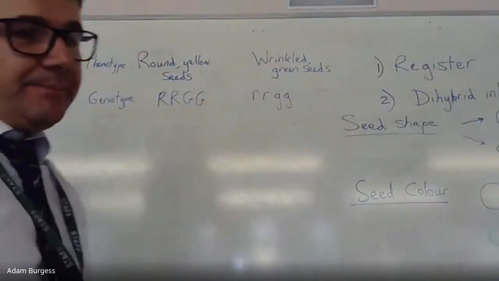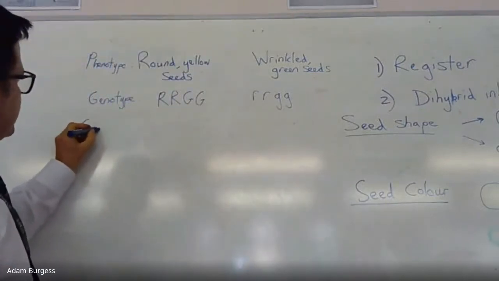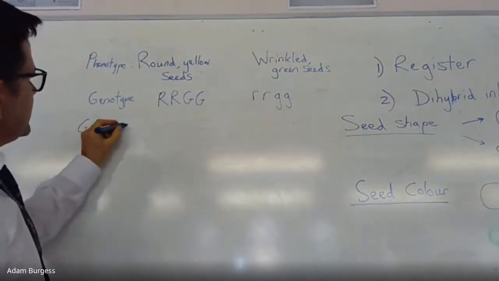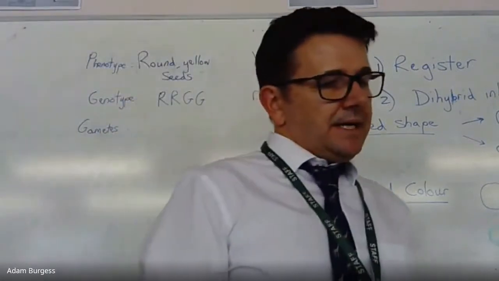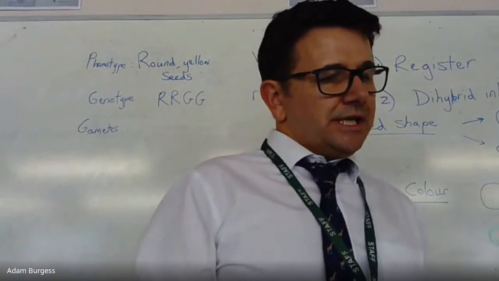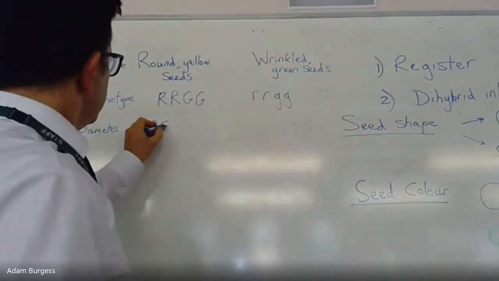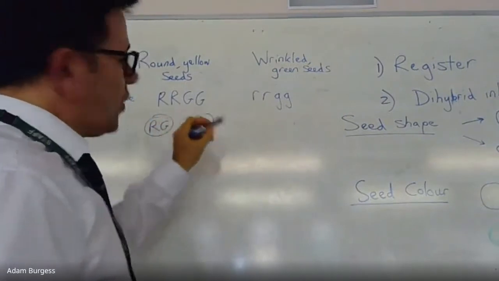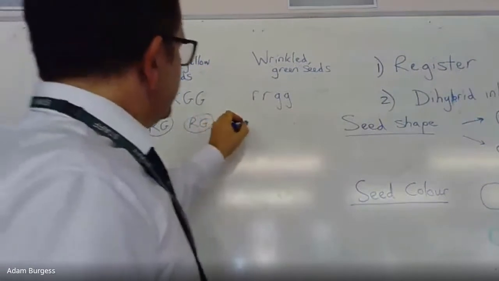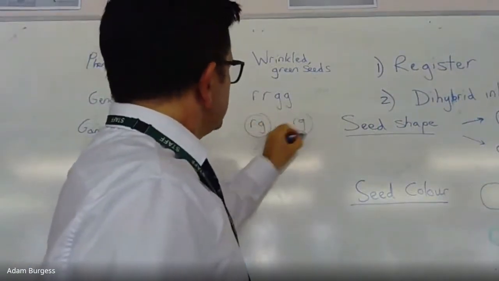So very quickly, in terms of the gametes, each gamete is going to have 2 alleles in it, because it's 1 from each gene. So in this case, you've got RG and RG, because 1 allele from each gene. And then here, little r, little g, little r, little g, okay?